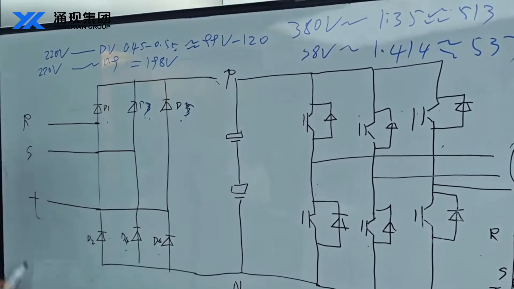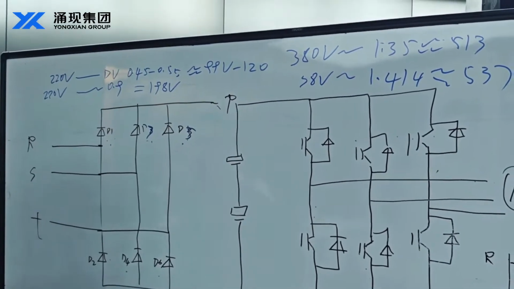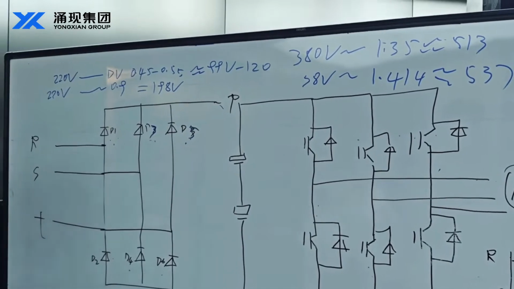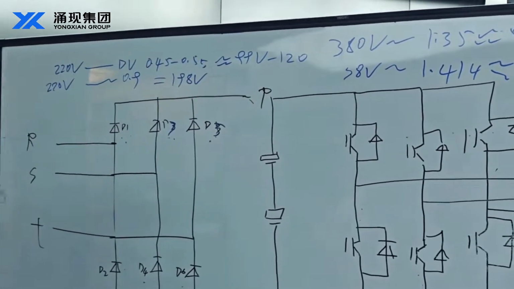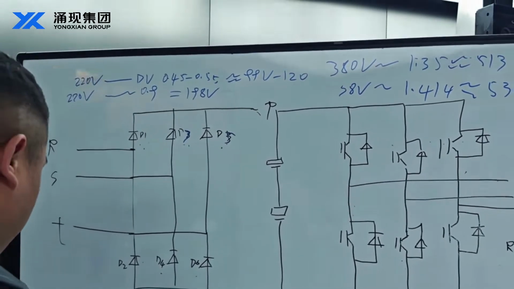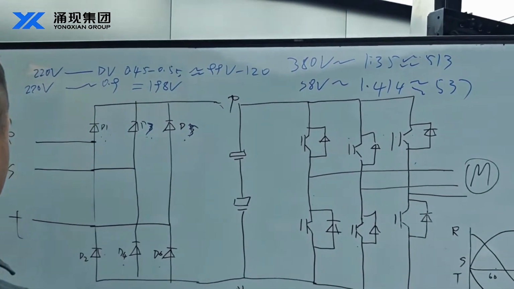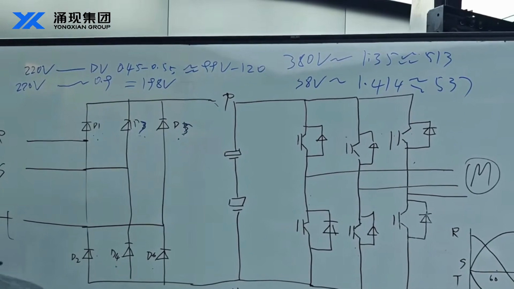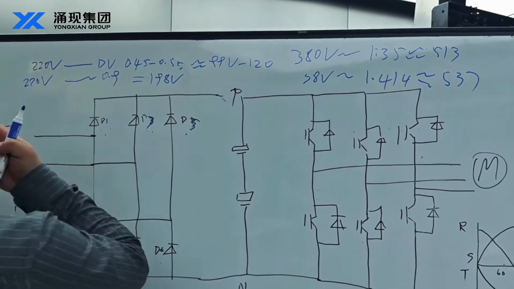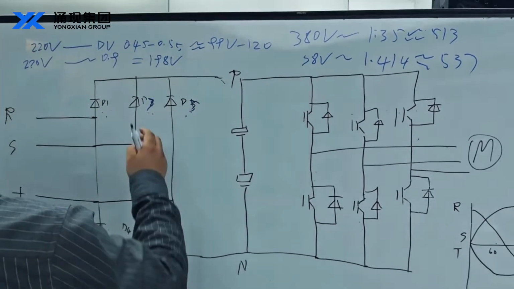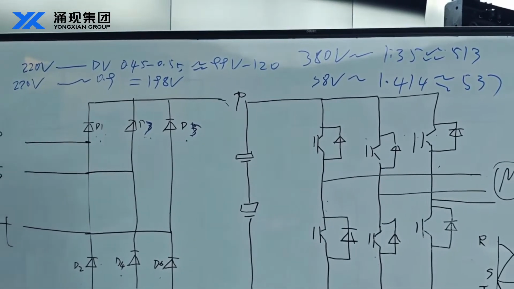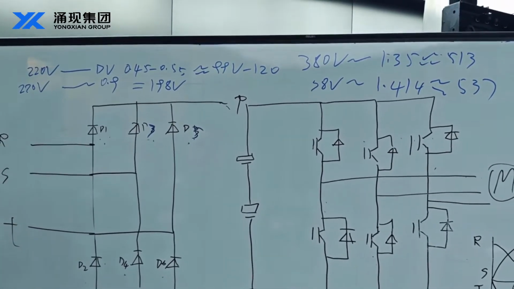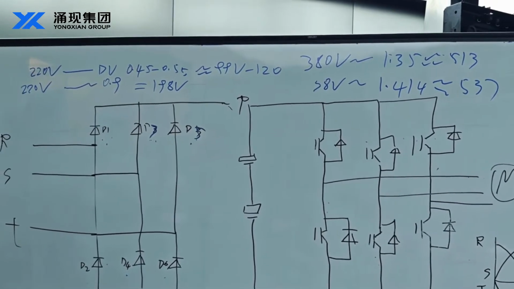The RST three-phase input power supply has phases spaced 120 degrees apart. Conduction in the rectifier diodes always occurs at the diodes with the highest and the lowest phases.